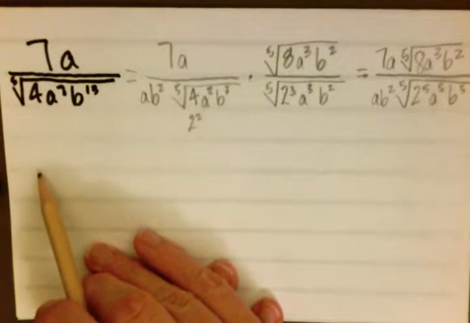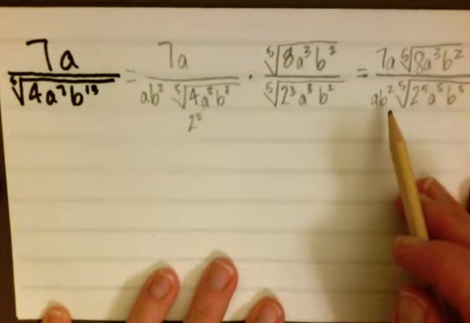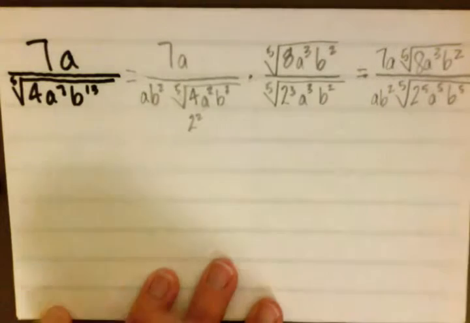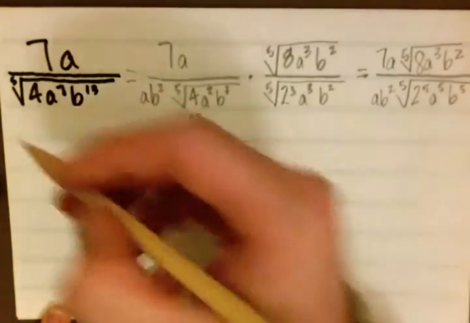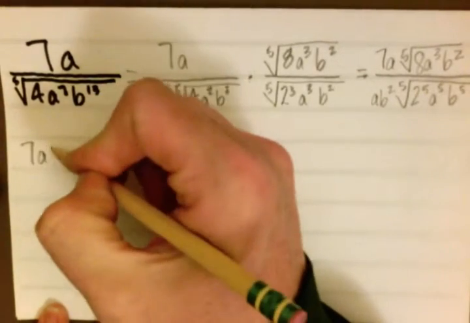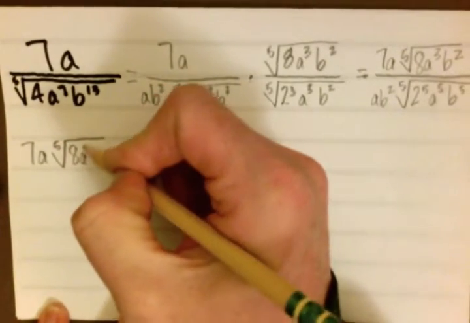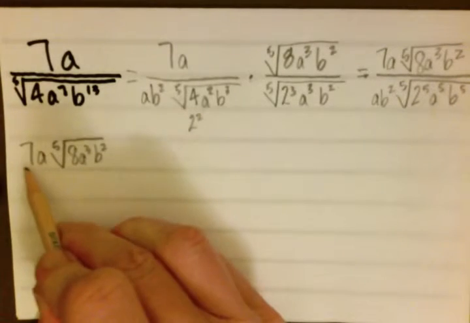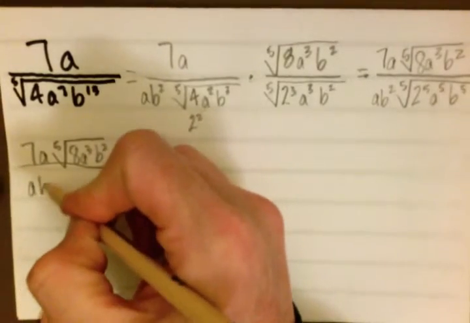I'm going to move down here to this line, and we're going to continue rationalizing the denominator. So the numerator stays the same. I'm going to go ahead and rewrite that. 8a cubed b squared. Over that we have ab squared.